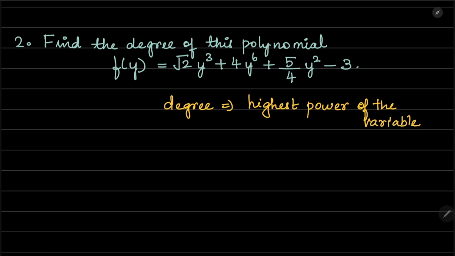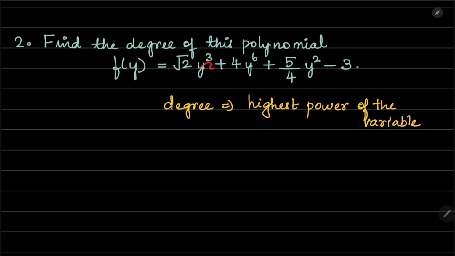Now here in this polynomial, the variable used is y. So for that y, all of these terms have the y variable in it. Among all the terms, which is the highest power of y? So here the power of y is 3, here it is 6, here it is 2, and this is a constant because there is no variable.